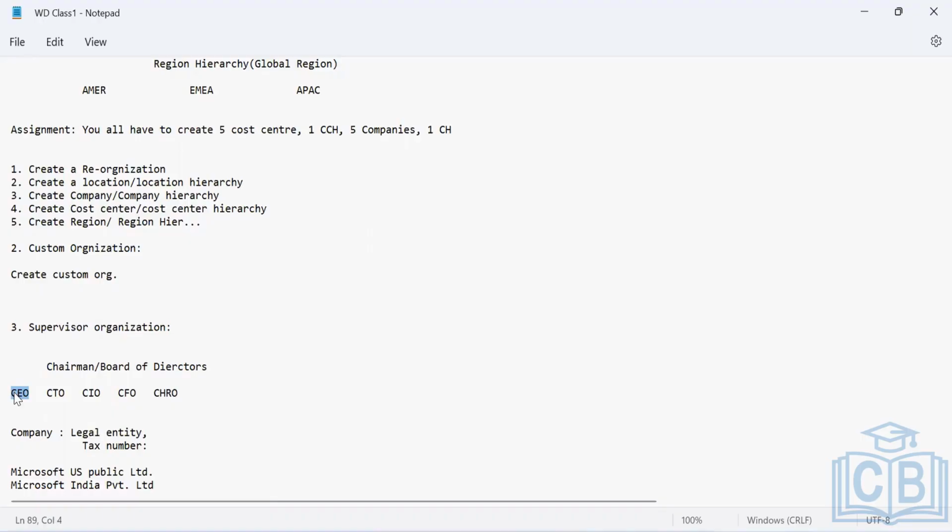First, they will have to manage public relations. There may be a public relations team under the CEO, but still the CEO would be the person who will take the decision. Which means if I have a supervisory organization where the CEO is working, the CEO is the head of that department.